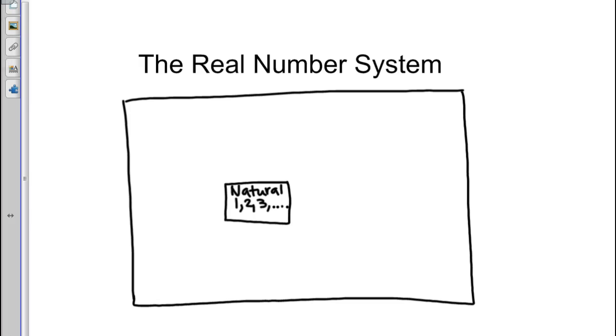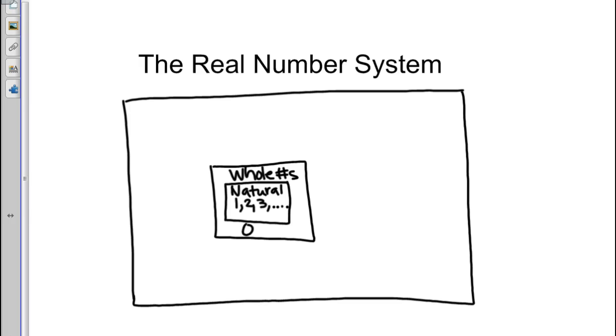All right, so the next box that we have, the only additional number to the natural numbers for this next box would be whole numbers. The whole numbers are the natural numbers and 0.